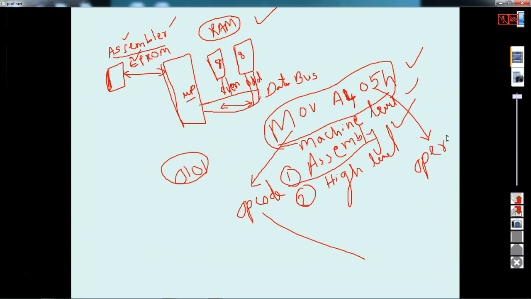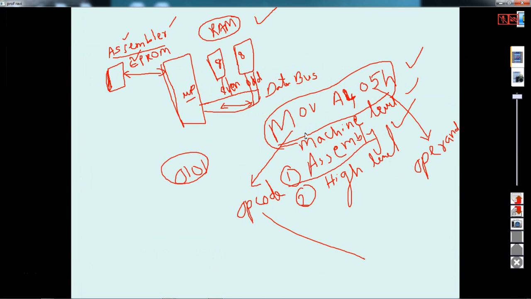Okay, if it is of opcode and operand. Opcode means it has to move a byte into the register accumulator which is available on the processor. And what has to be moved? A data of file.